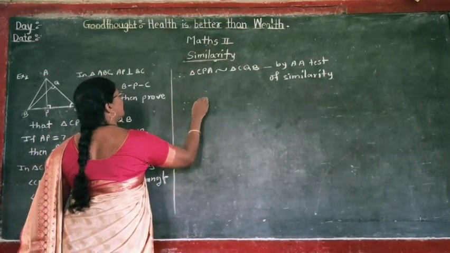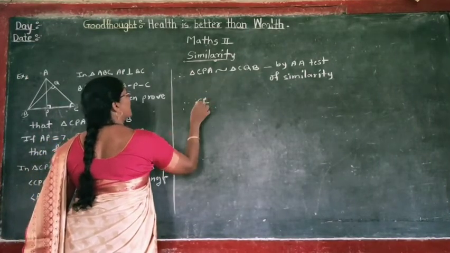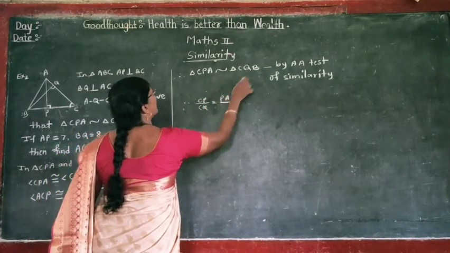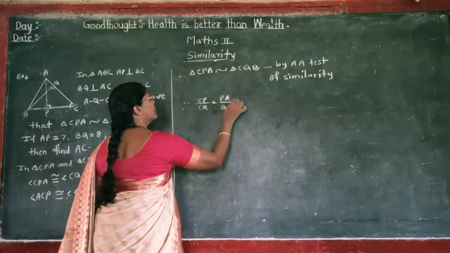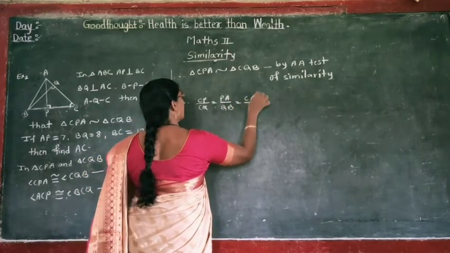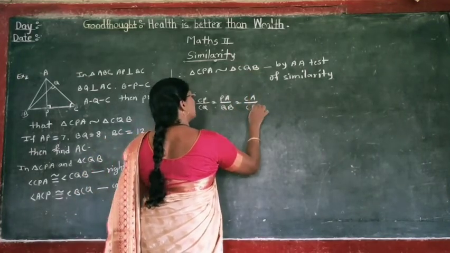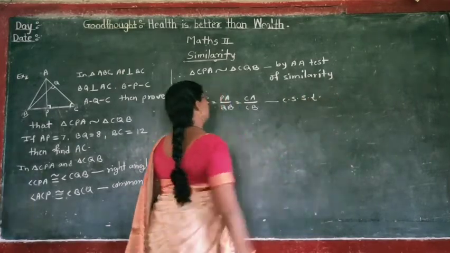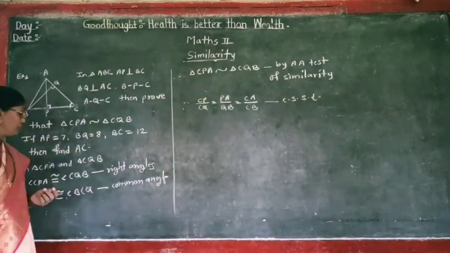Therefore, we get the ratio CP upon CQ, PA upon QB is equal to CA upon CB. These are the corresponding sides of similar triangles.